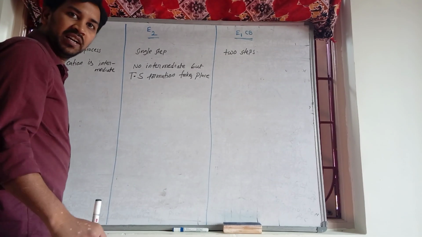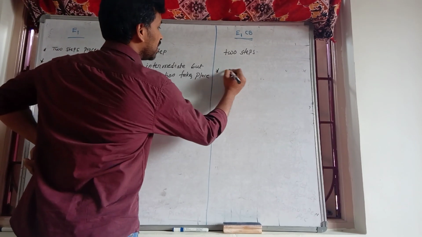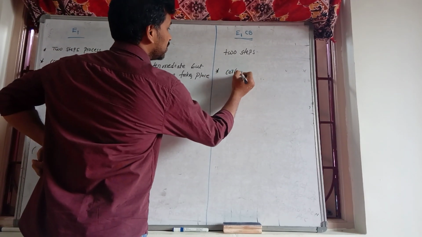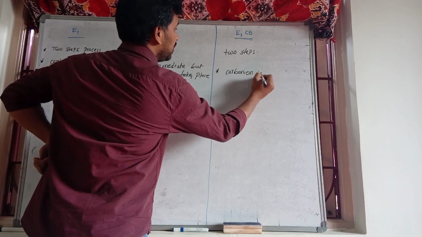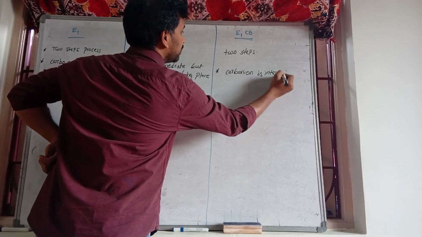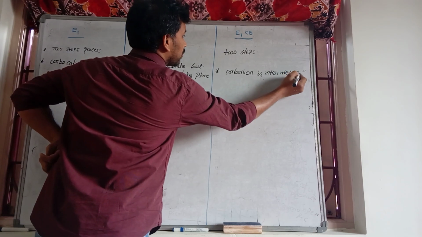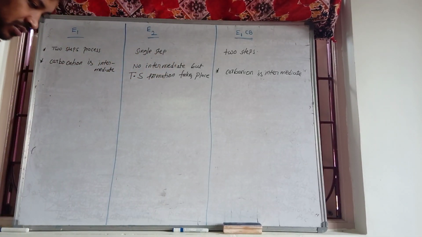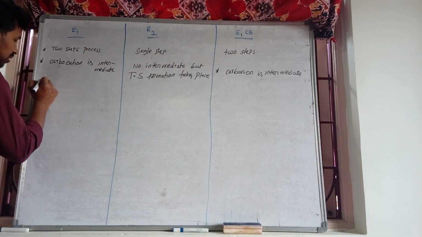What is the intermediate in E1CB? Carbanion is the intermediate.